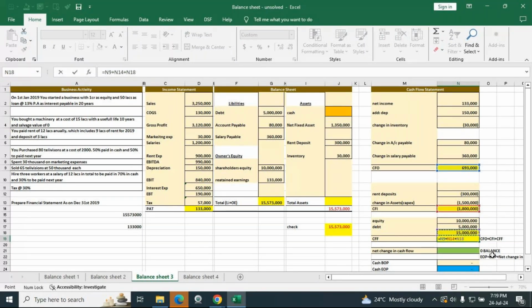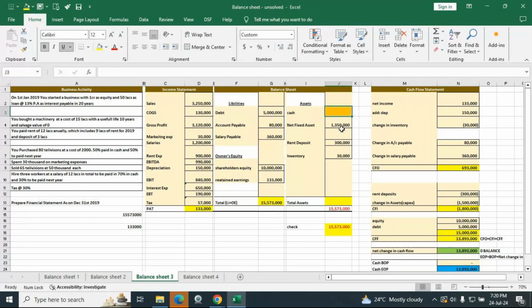So it is 1 crore 38 lakh 93,000. Here the net change in cash flow is the same value. After everything, at the end of the period, I have this amount with me.